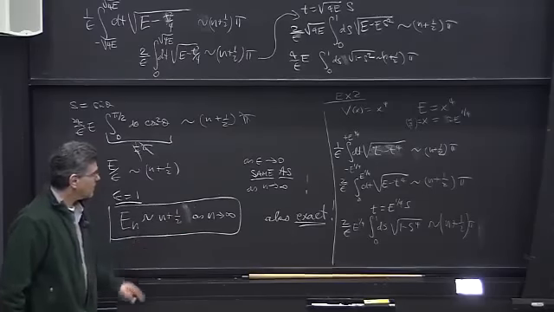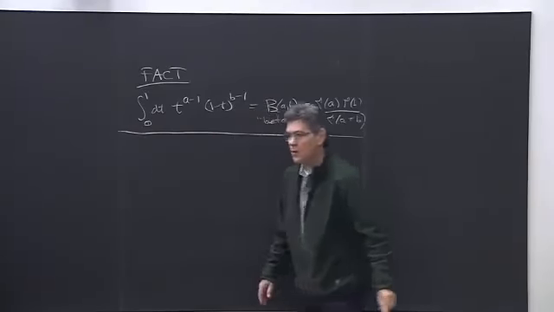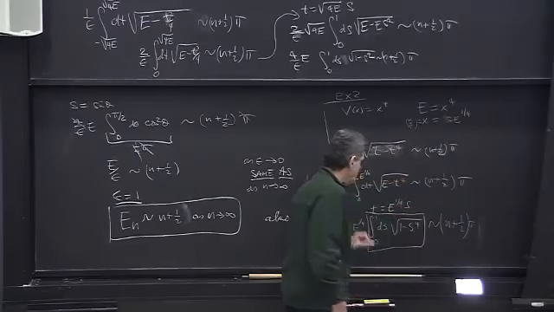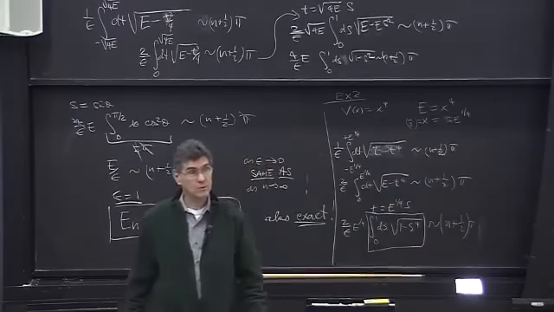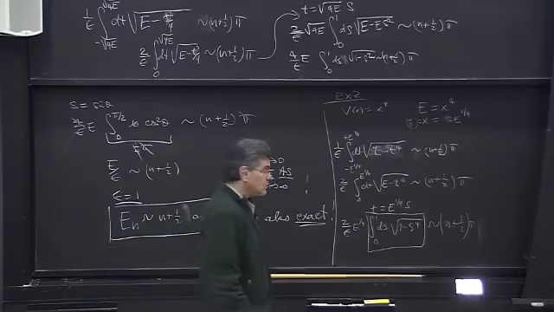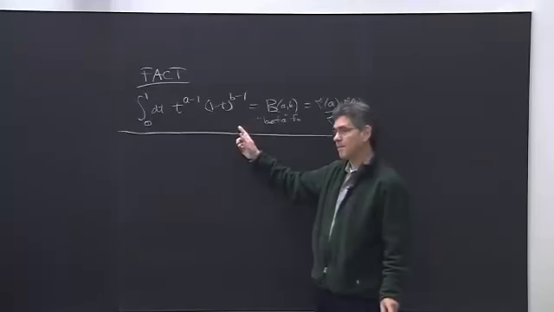Okay, that's the problem. So we need to know how to evaluate this integral here. And that's a hard integral to do. But in general, when you're doing integrals like this, we would like to beat it into this form.